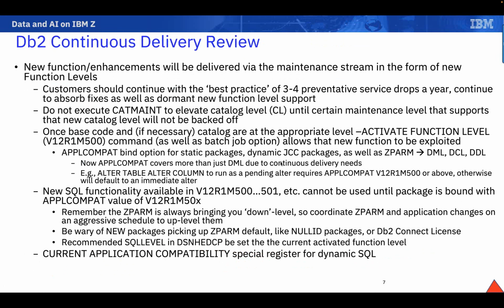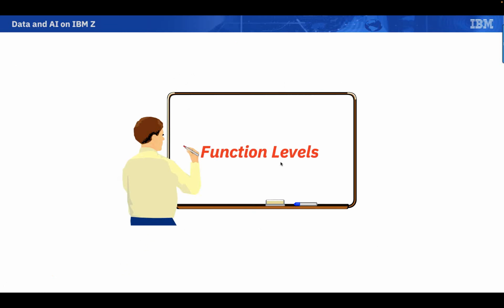And we'll talk through this a few times throughout this session. You can always set the CURRENT APPLICATION COMPATIBILITY special register to toggle your applications in and out, regardless of where they're bound. So I'll take a breath here, and I'm going to turn this over to John to go through the function levels at this point in time.